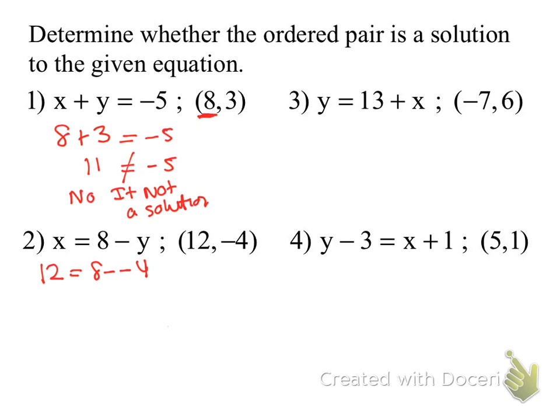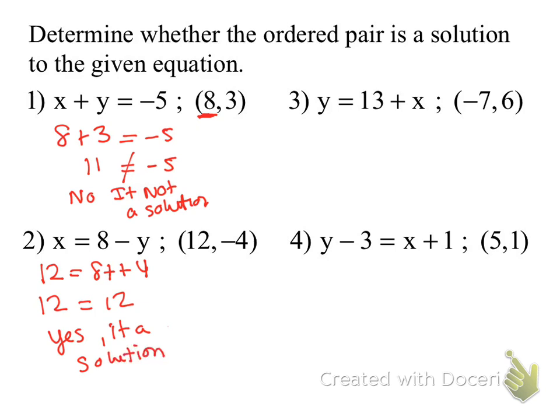Good. And that's like a negative times a negative. So then we have 12 equals 12. Is that a solution? Yes, because when both sides are equal, it means it is a solution.